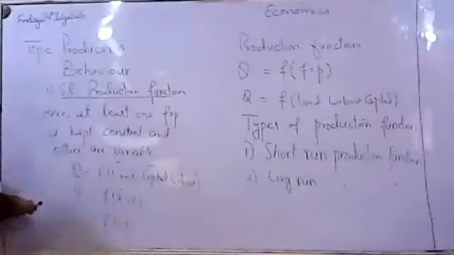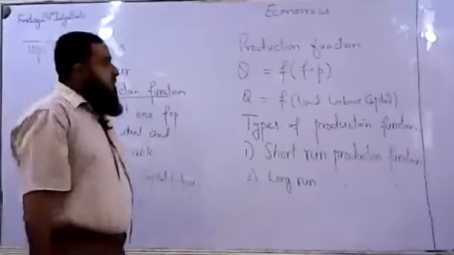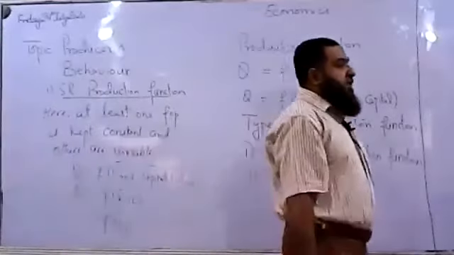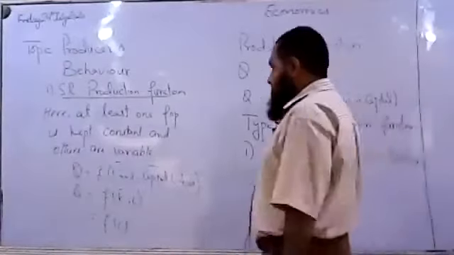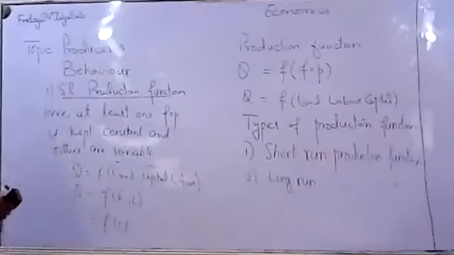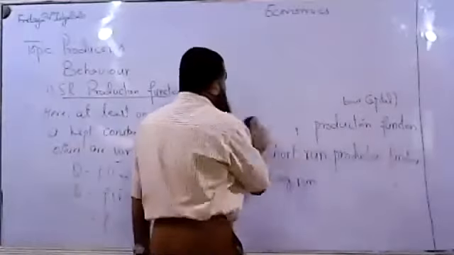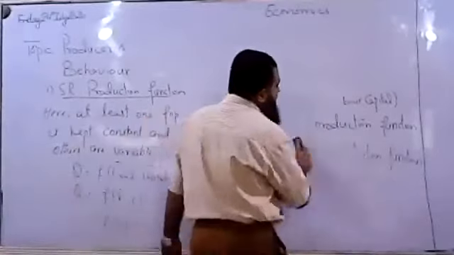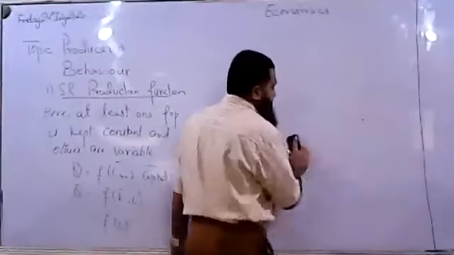A short run production function is that in which production can be changed by changing the variable factors of production. Now come towards the long run production function. What do we mean by long run production function? If you remember, long run means when all the factors of production are variable.